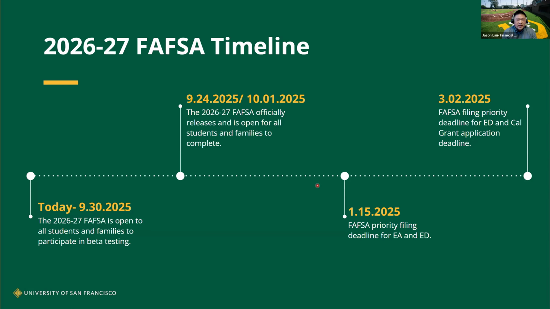March 2nd, 2026, and I apologize for this typo, I should have caught that, would be for our regular decision and Cal Grant application deadline. So if you're a regular decision applicant, that is our recommended priority deadline, because that also follows the Cal Grant, the California state application deadline. That's the timeline that we have at the moment.